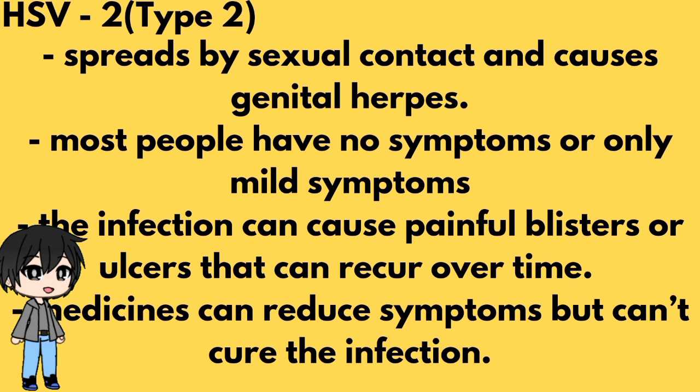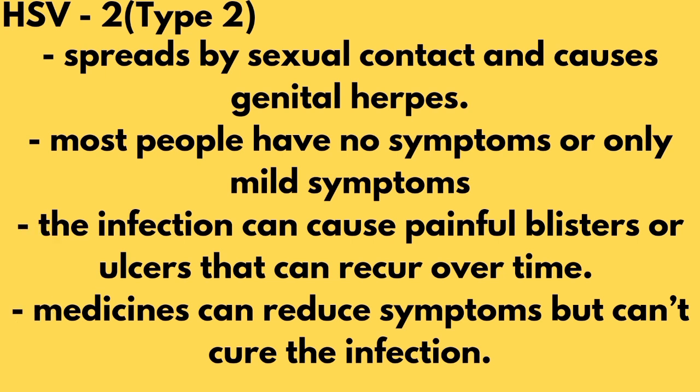Infection can cause painful blisters or ulcers that can recur over time. Medicines can reduce it, but cannot cure the infection, which is way worse than HSV1. That's not good.